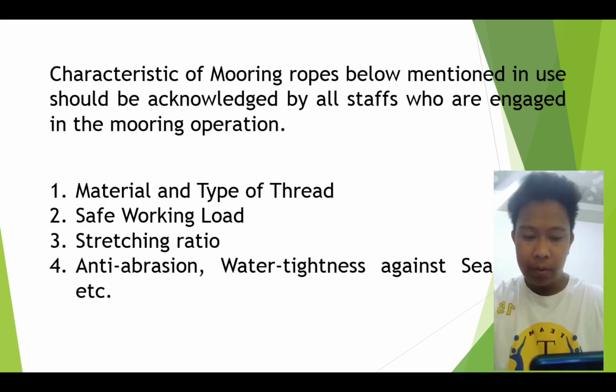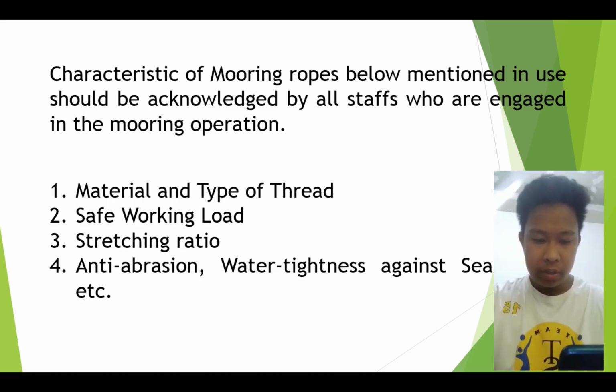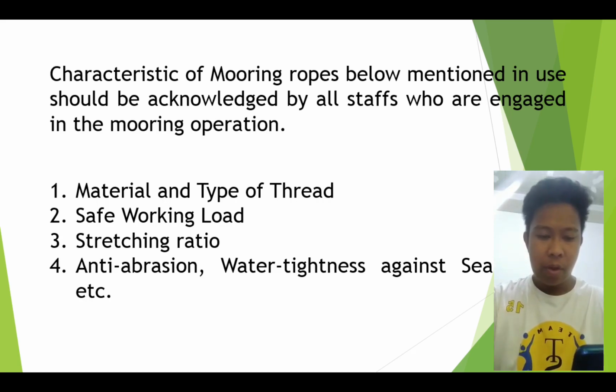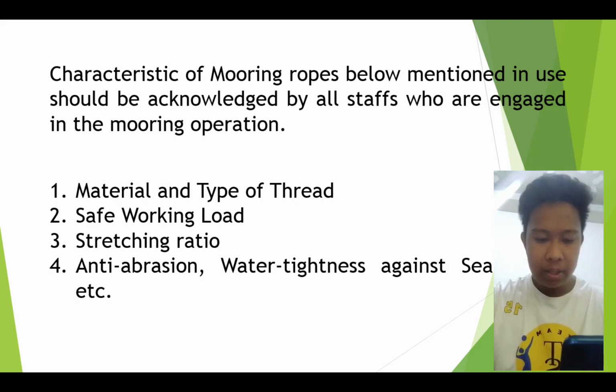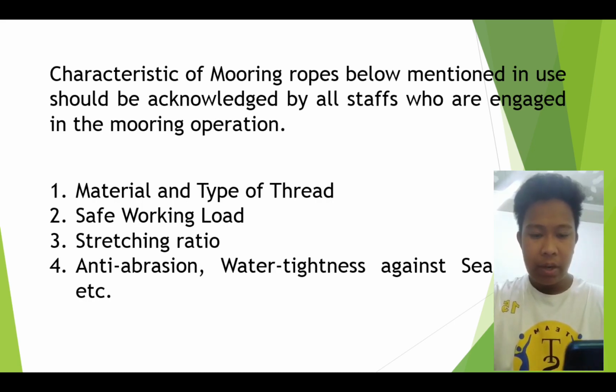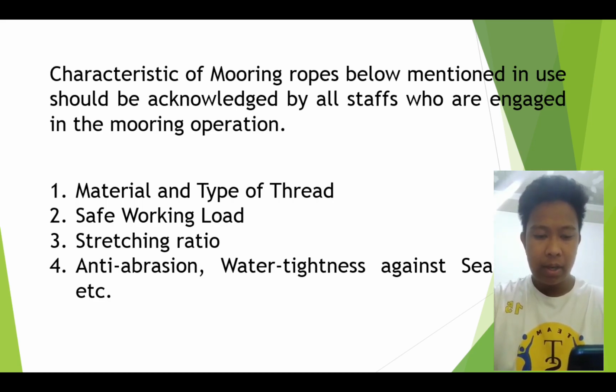Characteristics of mooring ropes mentioned below in use should be acknowledged by all staff who are engaged in the mooring operations. Number 1, materials and type of thread. Threads are either made of natural fiber, cotton, wool, silk, linen, or synthetic fiber, rayon, polyester, nylon.